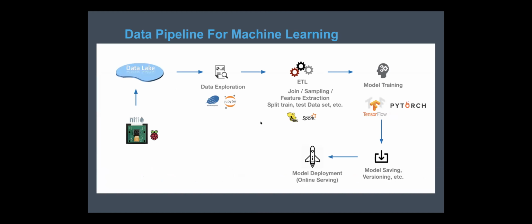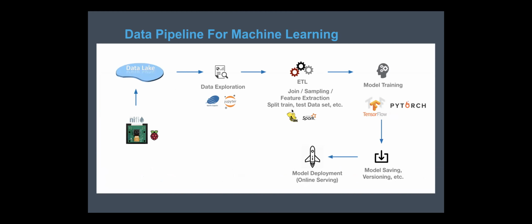So this is a very typical data pipeline for machine learning. The data comes from the edge, or from other places like browser click logs, and it all lands in a data lake. Machine learning engineers can use notebooks to do data exploration, and after that they start to build machine learning pipelines.